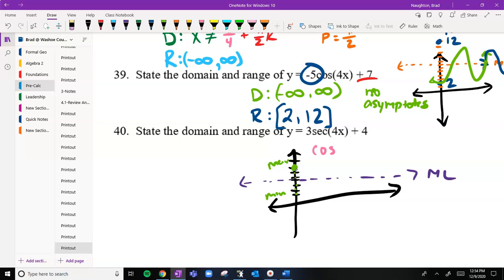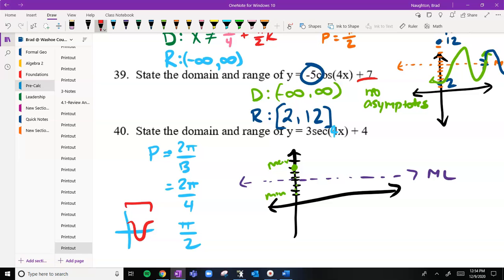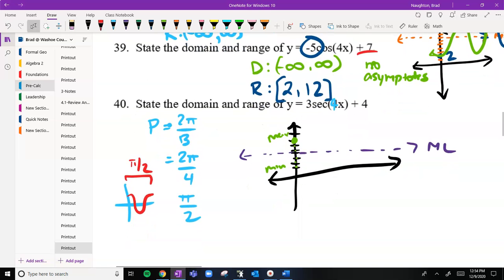So let's continue. We need to find out what our period is, so I'm going to take my 4 and go period is equal to 2 pi divided by b. So 2 pi divided by 4. So that's going to be pi over 2. So again, that means a whole rotation in the time of pi over 2. So I need to divide this by 4 to find out what my gap amount is.